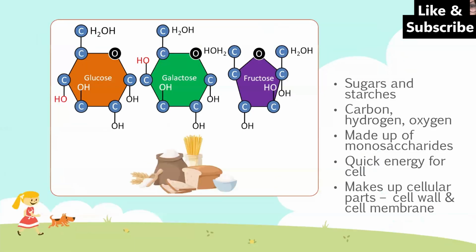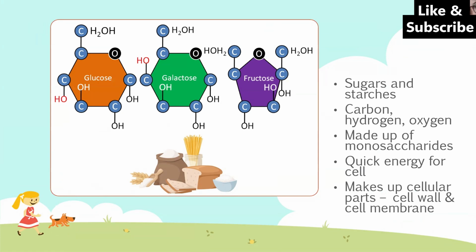Carbohydrates. These are sugars and starches, and the elements that make up your carbohydrates are carbon, hydrogen, and oxygen. A single molecule or monomer of a carbohydrate is called a monosaccharide, and when multiple of them join together or come together to make a larger molecule, that would be a polysaccharide.